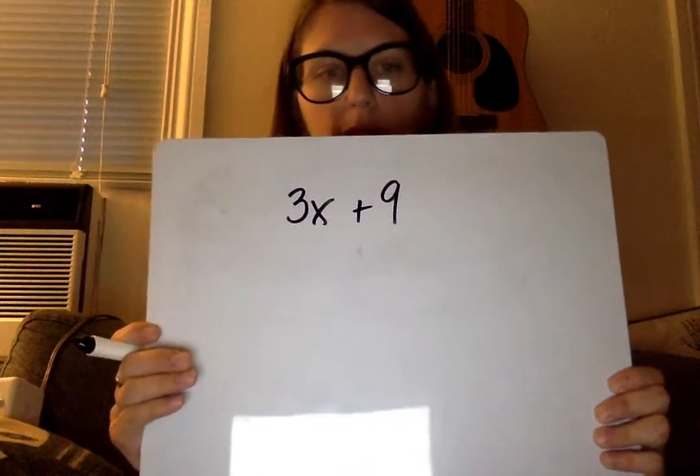That's an easy one. 5x minus 4 minus 2x plus 13. So again, you would just combine 5 minus 2 is 3x. Negative 4 plus 13, I want to say it's 9. So it should just be 3x plus 9. Easy peasy.